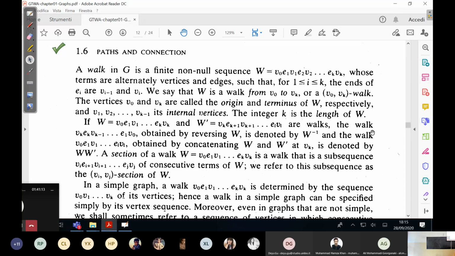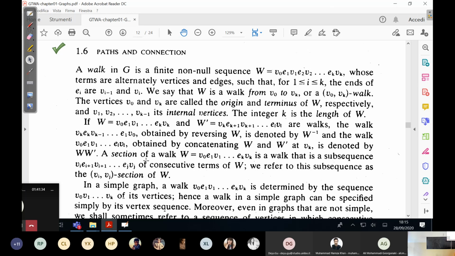This is denoted by W^{-1}. And important, you can concatenate, you can build the product of the two walks by concatenating the two. You end with v_k and you go on with v_k, e_{k+1} and so on.